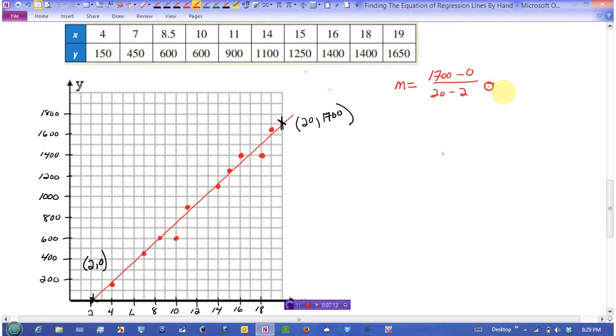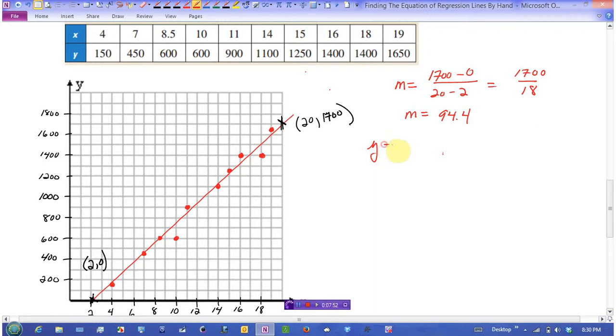So that's 1700 over 18, and we can use a calculator for this. What I've got is that the slope is about 94.4.